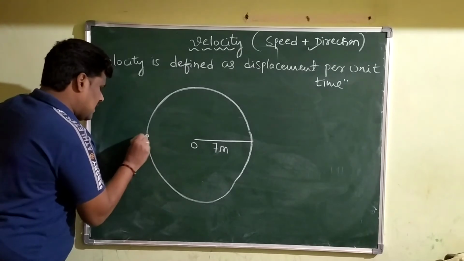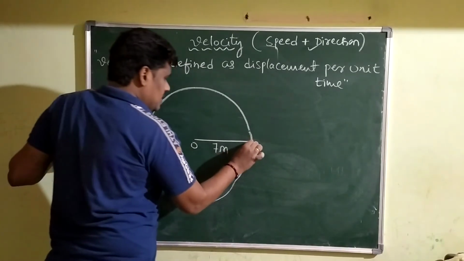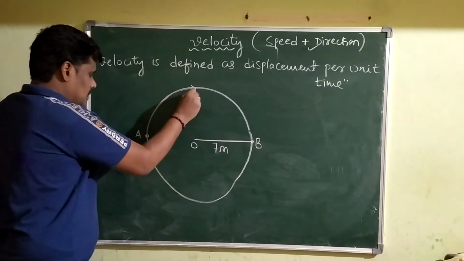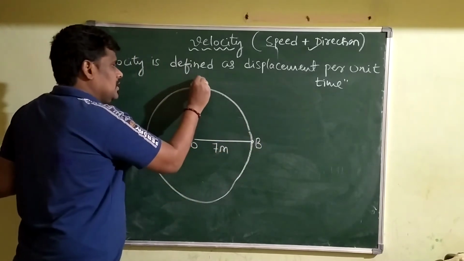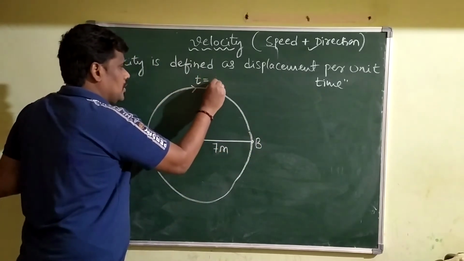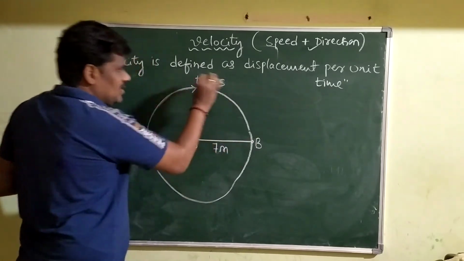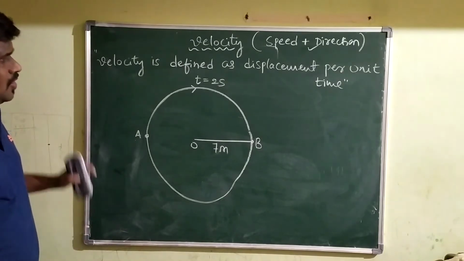Initially the body started its journey from A and it reached point B. They have given that the time taken by the body to reach from point A to point B is 2 seconds.